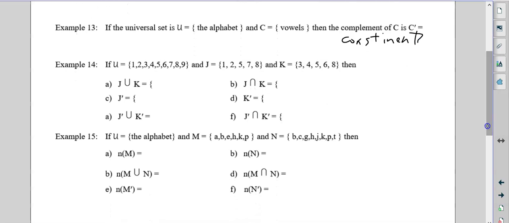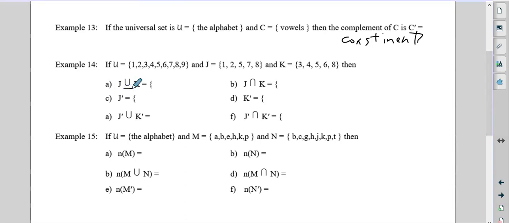Okay, now we're going to mix everything up here. The universal set is 1, 2, 3, 4, 5, 6, 7, 8, 9. J is 1, 2, 5, 7, 8. And K is 3, 4, 5, 6, 8. What is J union K?